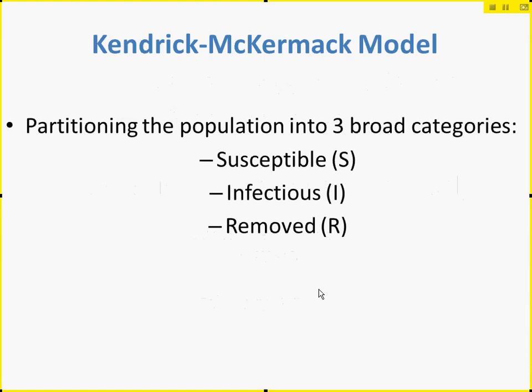That is, they're infected by the infection, presumably suffering in many cases adverse effects, but they're also able to spread that infection. And this division harks back to the work of Kermack and McKendrick back in the 1920s. So it's a very established way of analyzing systems involving spread of infectious disease.